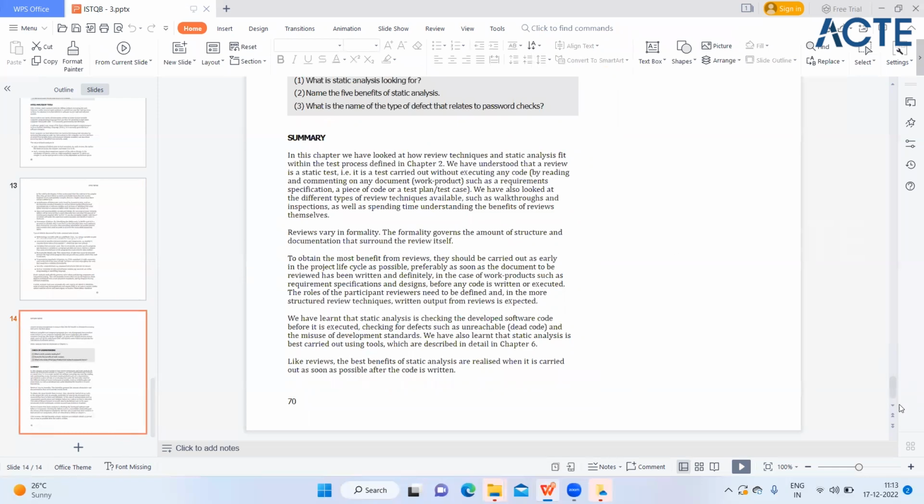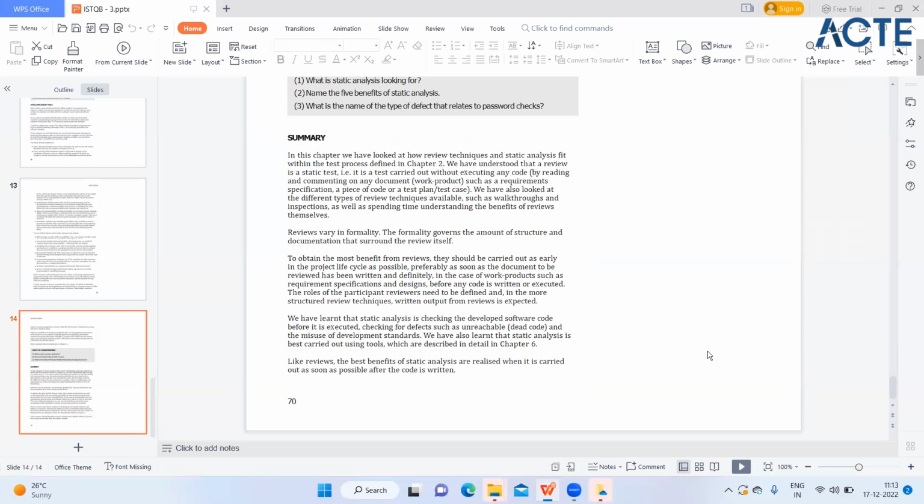Now this is the summary, and in this way we have ended this chapter. The chapter is small and you will get around 3 or 4 questions from this chapter, but it's a kind of theoretical thing.